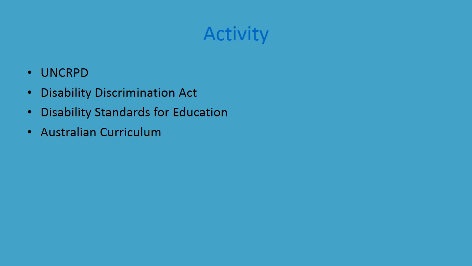Then also have a look at the Australian curriculum and some of the approaches to educational adjustments. Look for education information in each of these and have a think about the significance. Have a look in particular at how the International Convention has been adapted into Australian contexts.